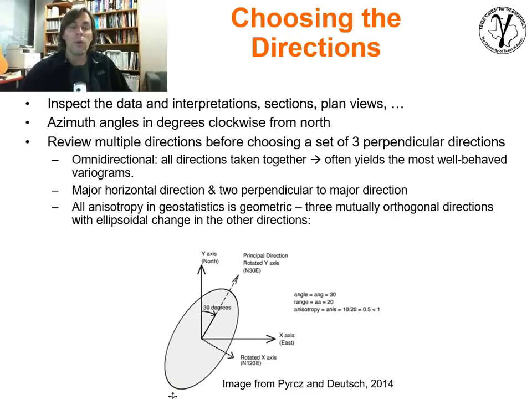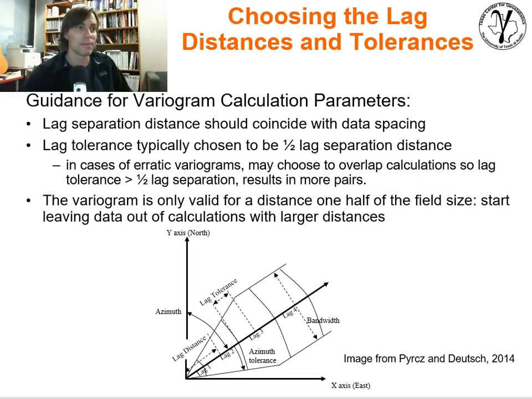So now we have a full three-dimensional model of spatial continuity by only having to calculate the variogram in the major direction, 30 degrees, and the minor direction horizontally, which is 120 degrees azimuth. And from that, we can fill in all of the other possible directions using this geometric model of anisotropy. We'll talk more about that in the coming discussions. What guidance, what information can I give you with regard to variogram calculation parameters?